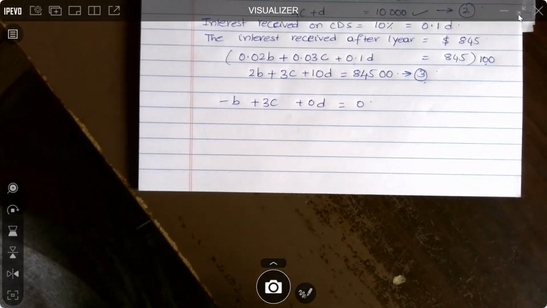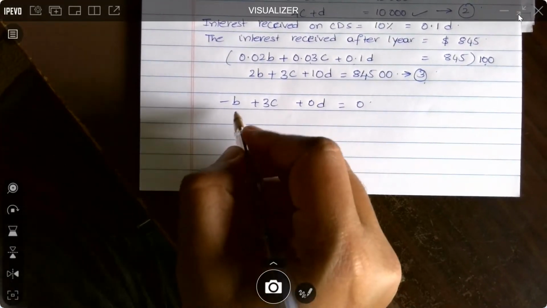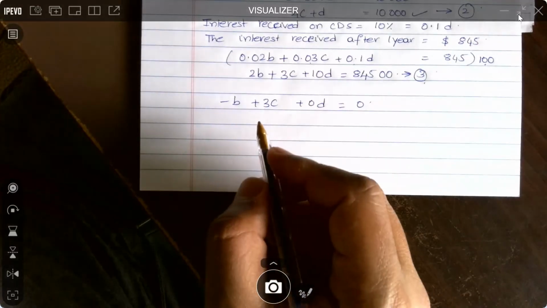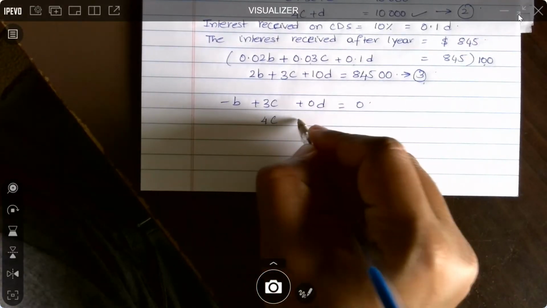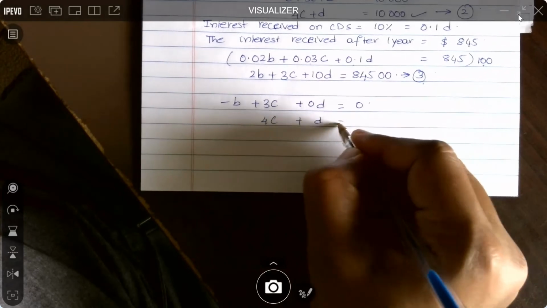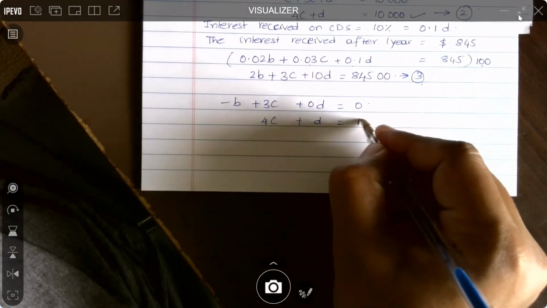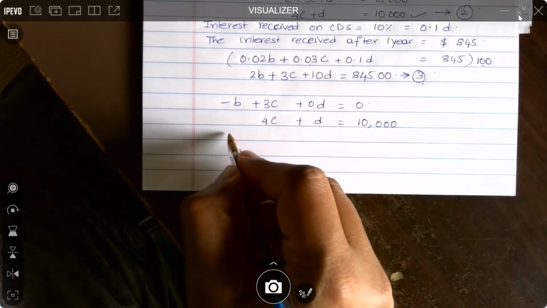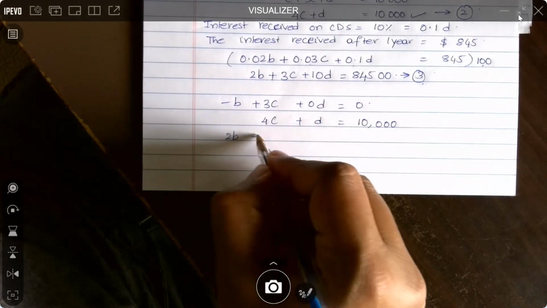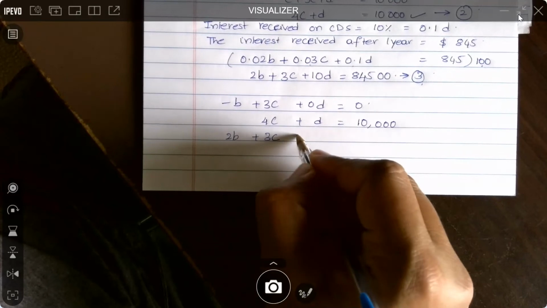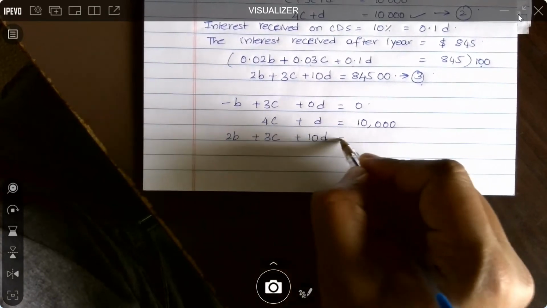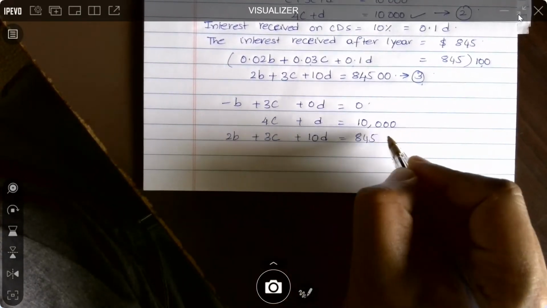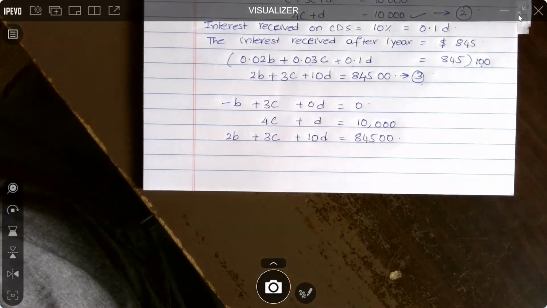Equation 2 is 4c plus d equals 10,000. And equation 3 is 2b plus 3c plus 10d equals 845 hundredths. Okay, so these are your 3 equations now.